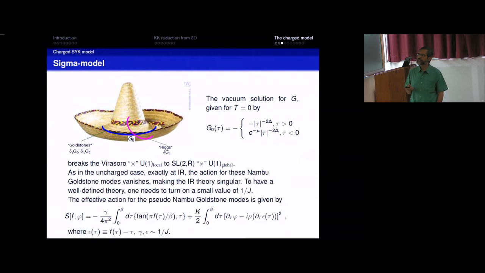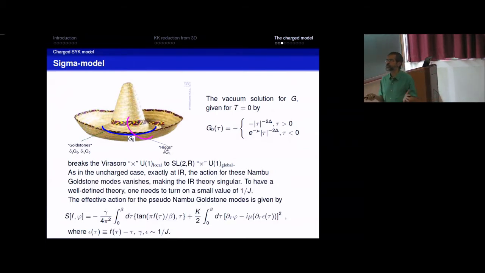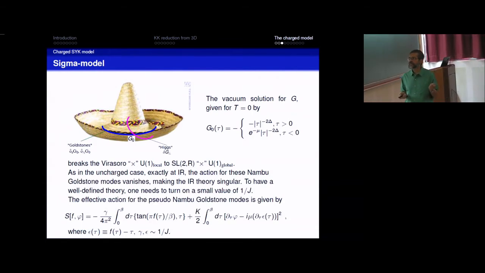And so as in the uncharged case again, these Goldstone modes exactly at IR don't have any action at all. As a result, again the theory would be singular.